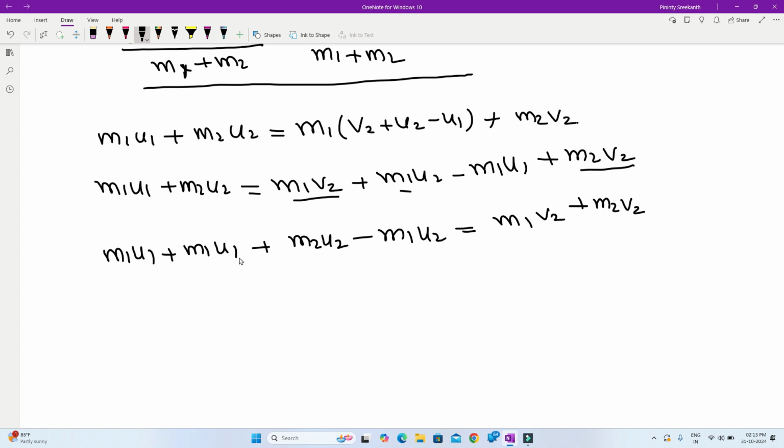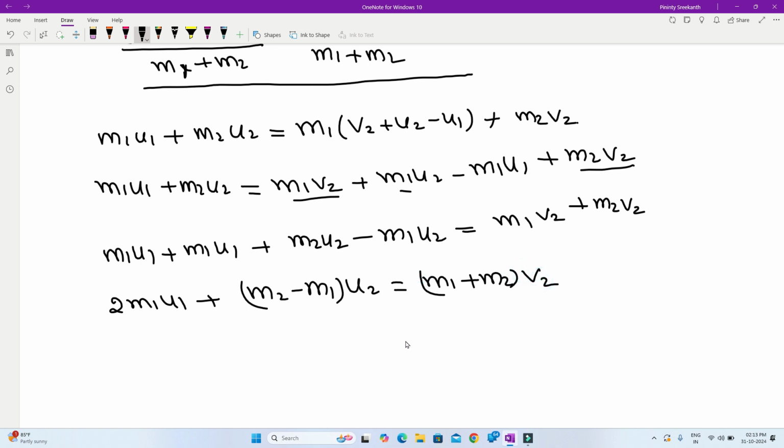Then m1 u1 gives 2 m1 u1 plus (m2 − m1) into u2 is equal to (m1 + m2) into v2.